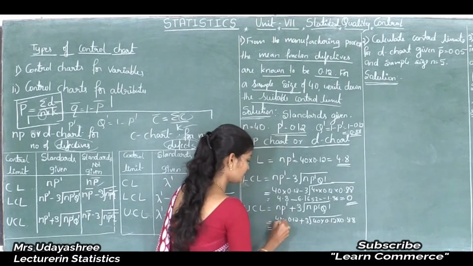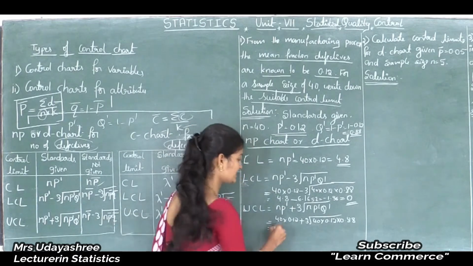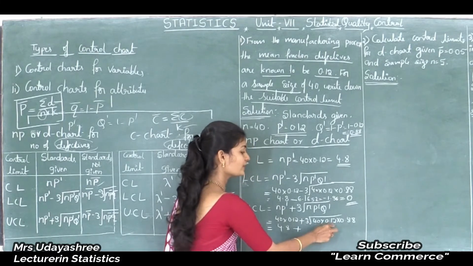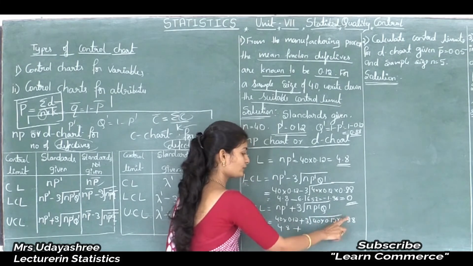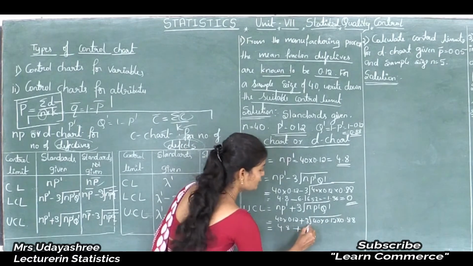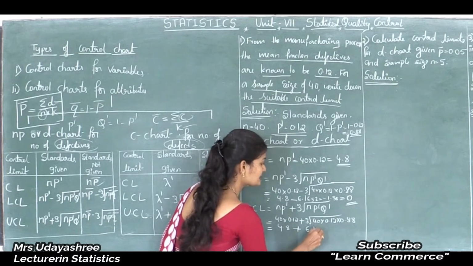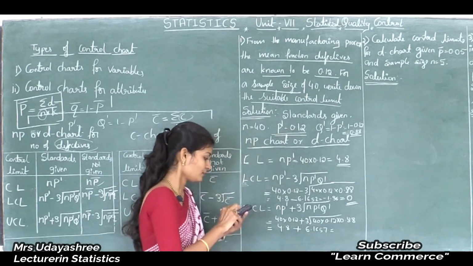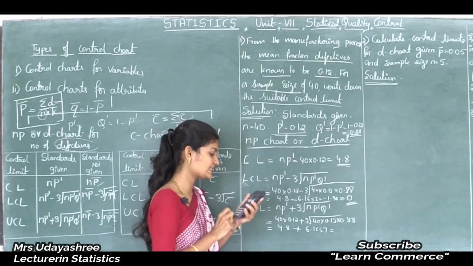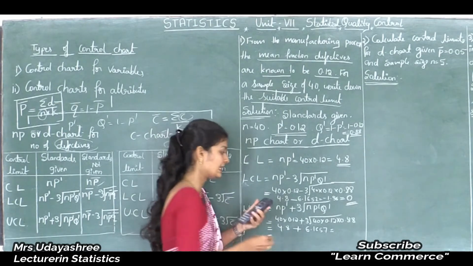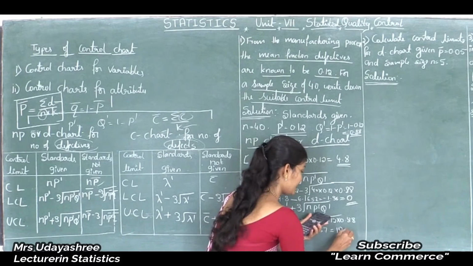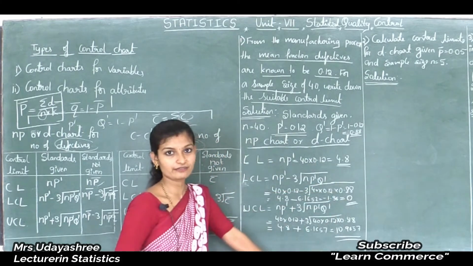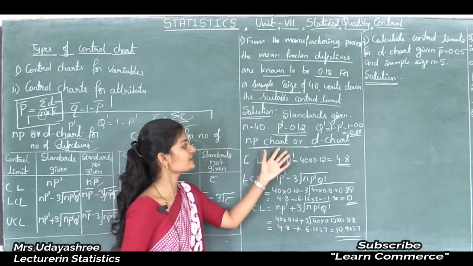This is equal to 40 into 0.12, that is 4.8, plus the square root of 40 into 0.12 into 0.88 into 3, that value is 6.1657. So this is equal to 4.8 plus 6.1657, that is 10.9657. These are the calculated values of control limits for the NP chart or D chart.